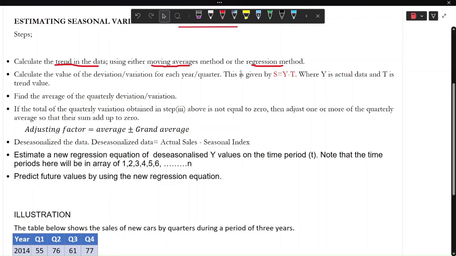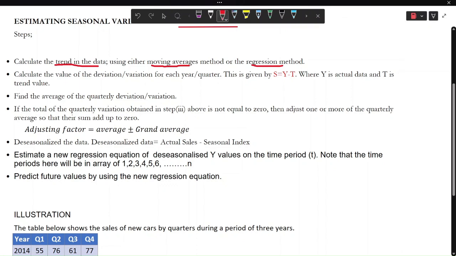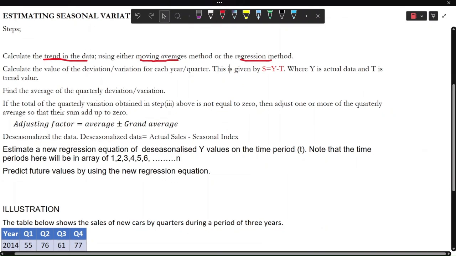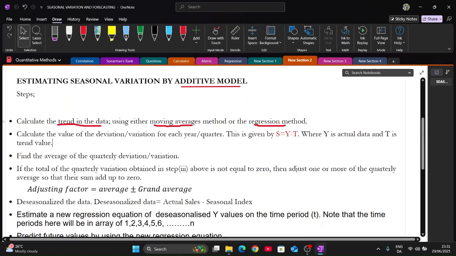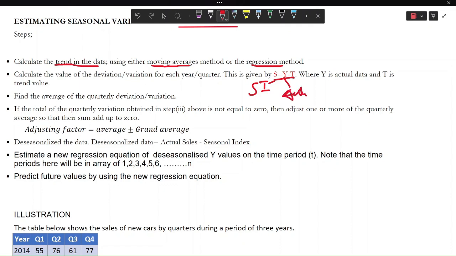This is given by S is equal to Y minus T. So that's your seasonal, where your S is your seasonal index and your Y is your actual data, which is given, and your T, that's your trend values, which you solved either by using the moving average method or the regression method.